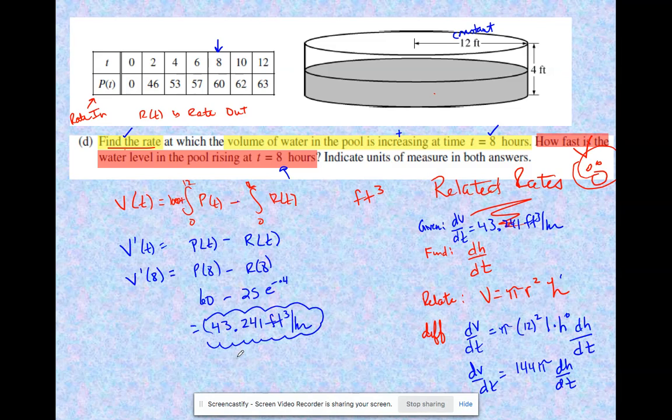So dh/dt is 43.241 cubic feet per hour divided by 144 pi, and that was equal to 0.095. It's a rate, but it's not a rate of volume. Feet per hour. Whoa, that's crazy.